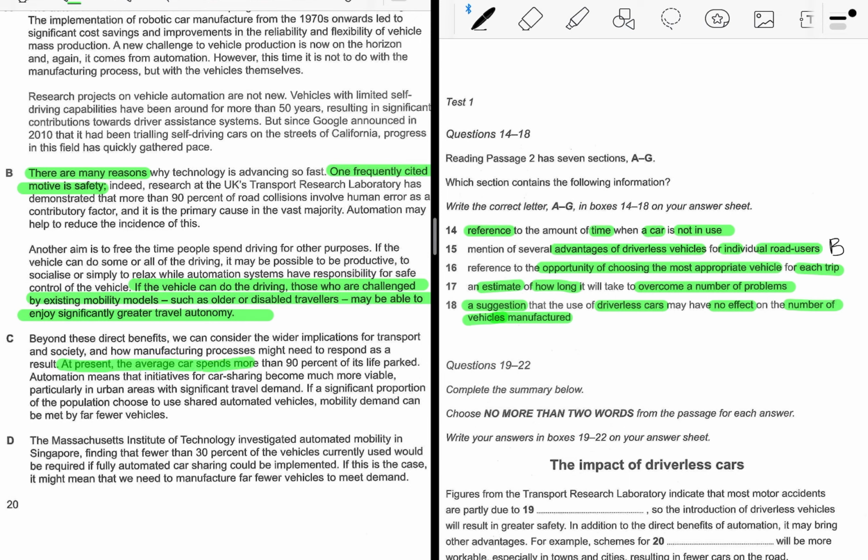At present, the average car spends more than 90% of its life parked. This reminds us the keywords when a car is not in use, and that is question number 14. So, the answer is C.